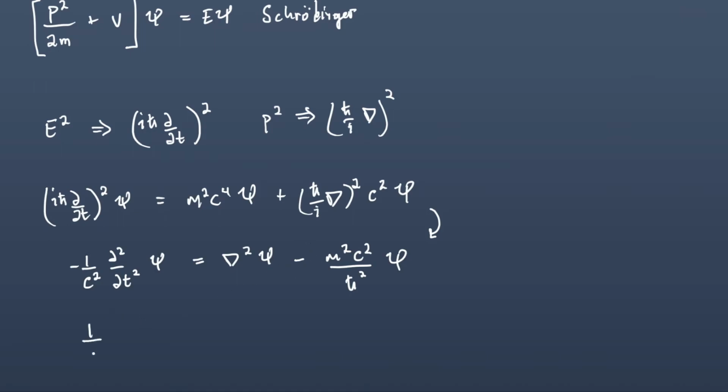And what we get is 1 over c squared d dt squared minus the Laplacian, this here is called the Laplacian, times phi is equal to m squared c squared over h bar squared times phi.